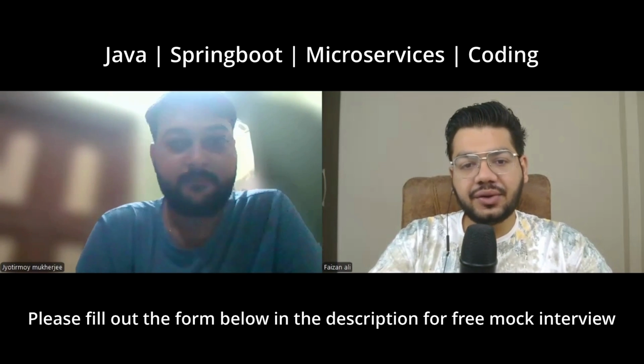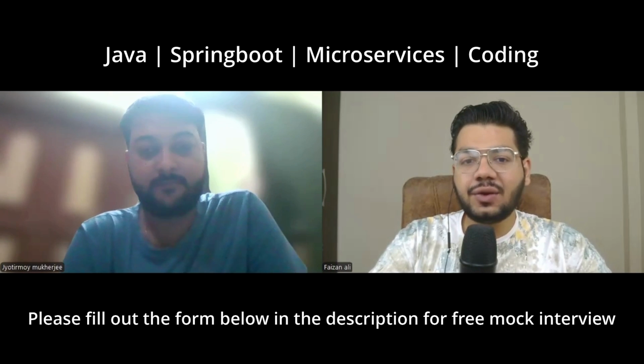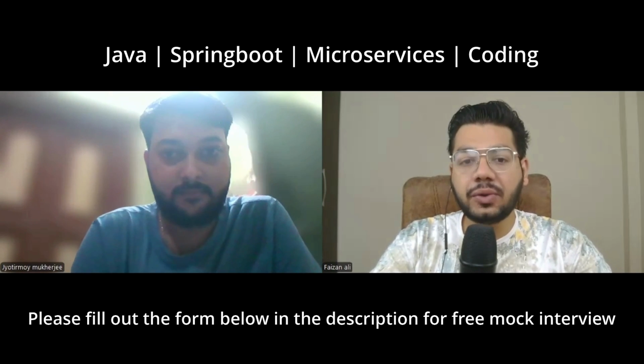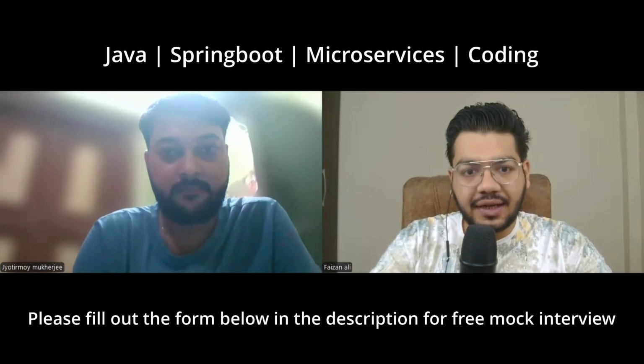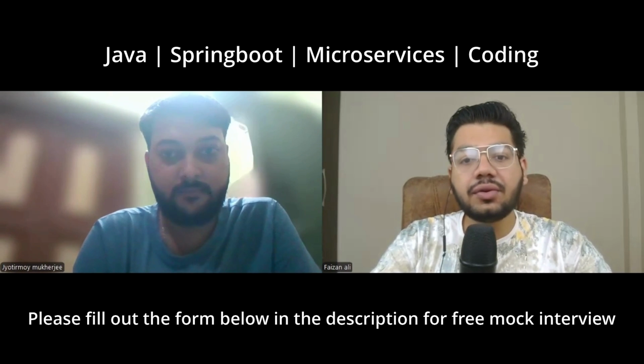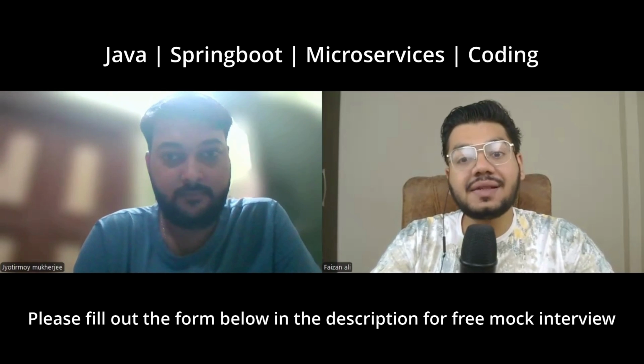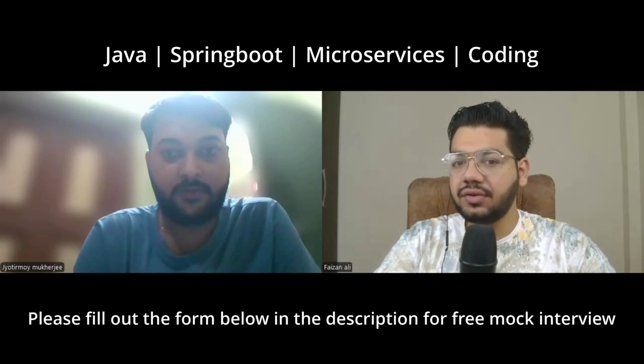Okay, Jyotirmoy. Let's say you are designing a student grading system where you need to sort by total marks in descending order, and in case of a tie, sort by name in ascending order. Which interface would you use here?